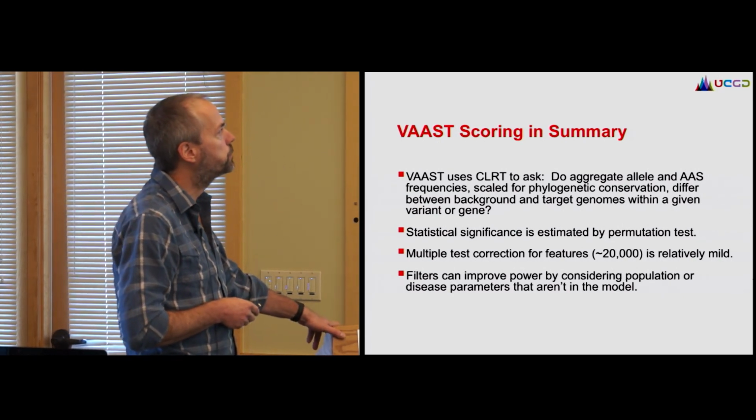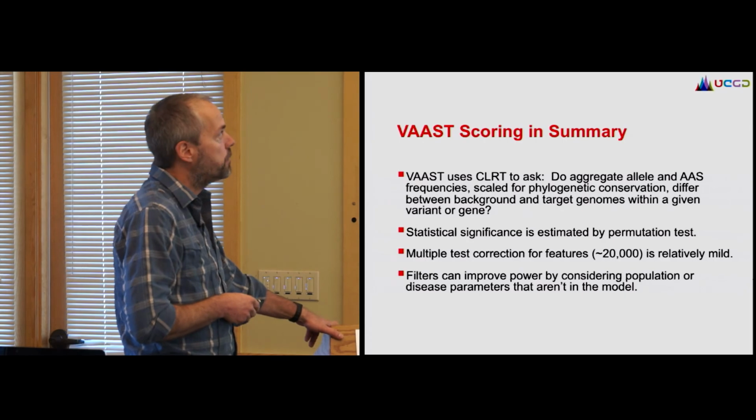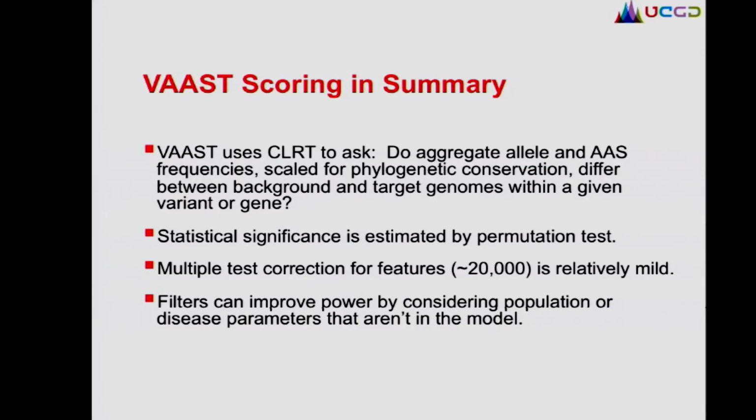So in summary, VAAST is using the likelihood ratio test to ask the question, do aggregate allele and amino acid substitution frequencies, when scaled for phylogenetic conservation, differ between a background and a target set of genomes within a given variant or gene? The statistical significance of these scores are then estimated by a permutation test.